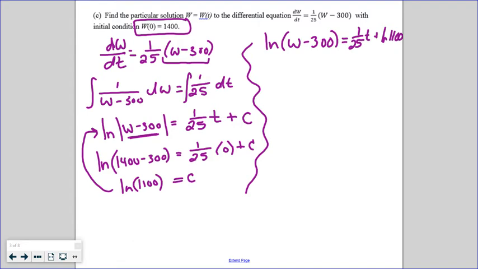Remember, to solve a natural log, we're going to flip to exponential. So W minus 300 equals e raised to the 1/25 t plus natural log of 1100. This natural log of 1100, we're going to see that slide out in front of the e as a coefficient.